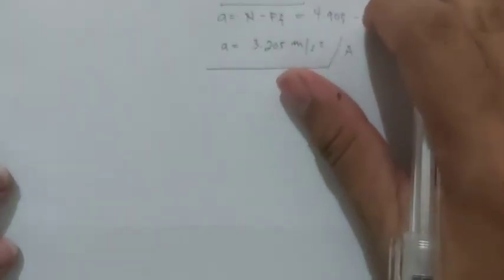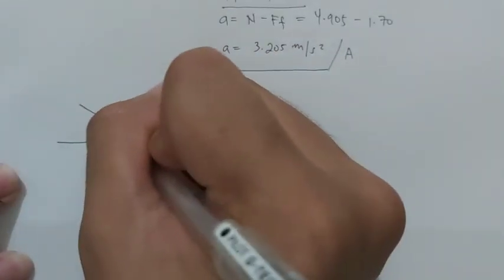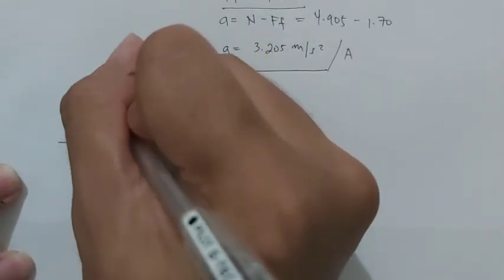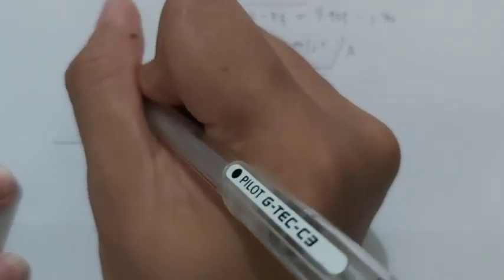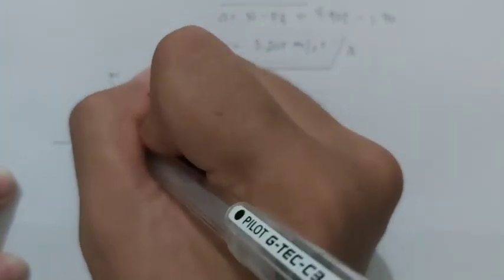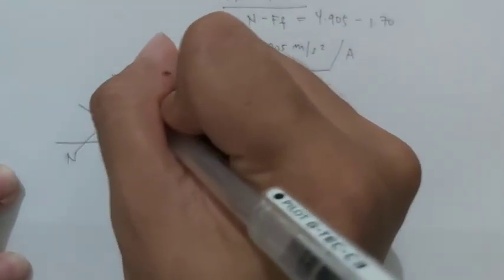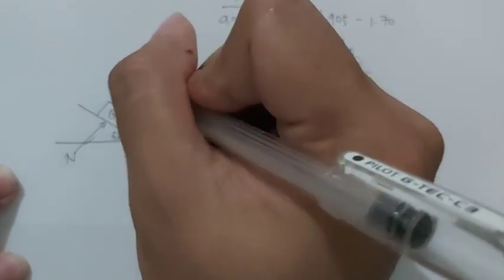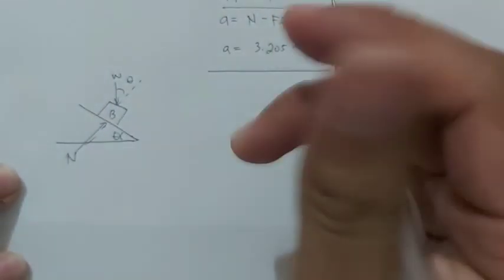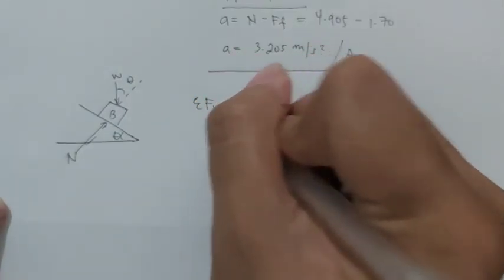Then for block B naman, so free body diagram ulit tayo ng inclined plane. Okay, so same lang. For block B, we have our weight, then theta, then our normal force. Then for this axis, we have the theta here. Yun lang. So summation of force ulit tayo with respect to y-axis.